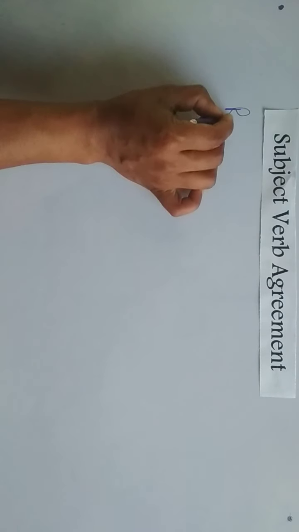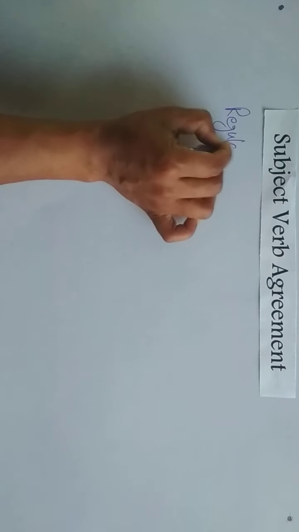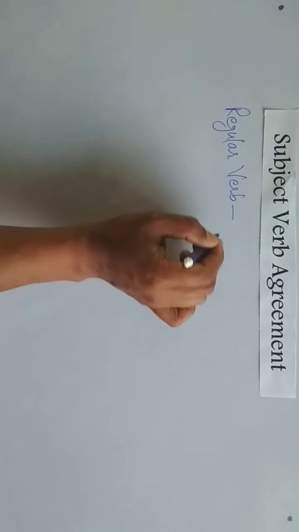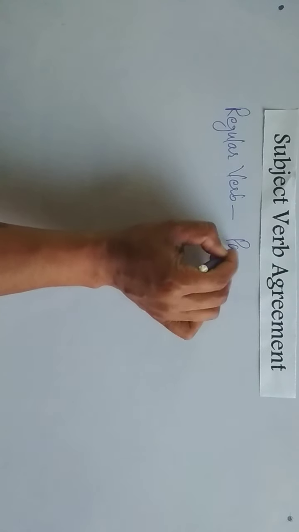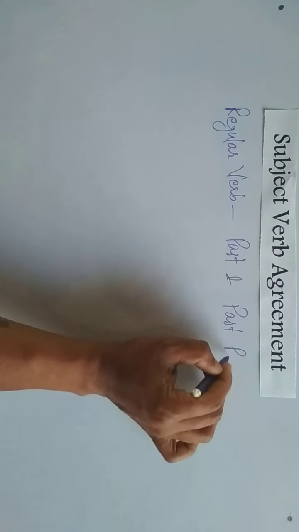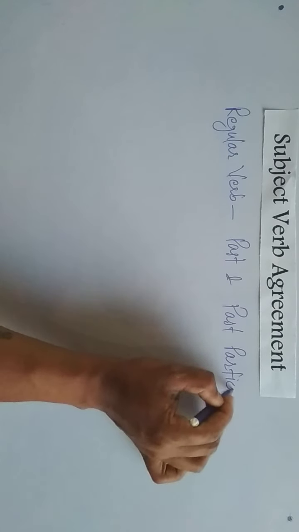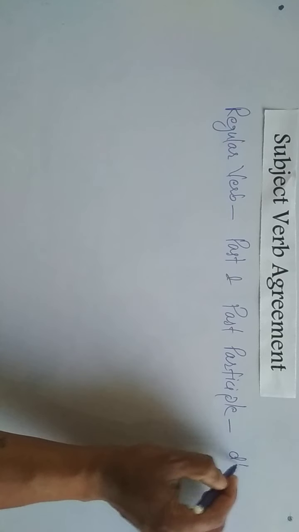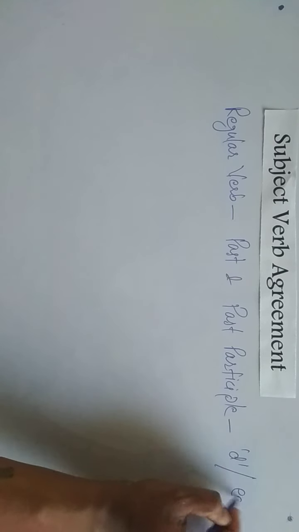So dear students, if we talk about regular verbs, how to understand them? In very simple words, regular verbs are those verbs which are changed into their past and past participle using d or ed.